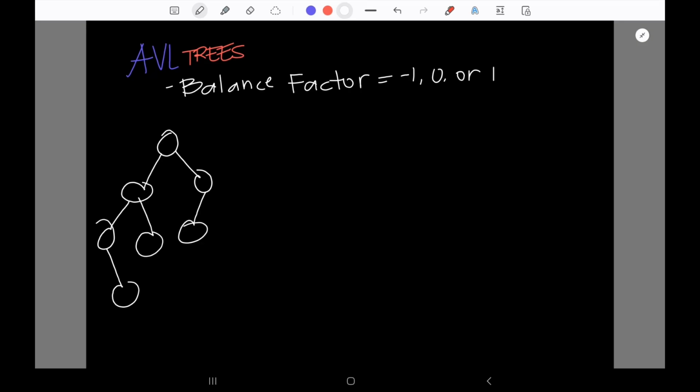So first, we're gonna identify the height of the left subtree and the height of the right subtree. So the height of the left side is 1, 2, 3. So we have 3. And the height of the right side has 1, 2. So 2.